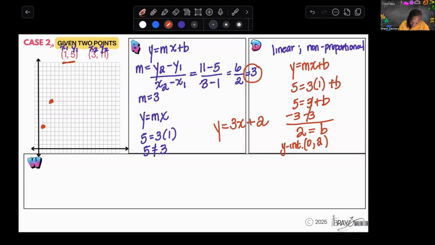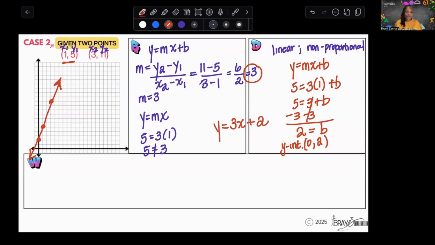And then I had 0, 2. So we see here that when we graph this, that line's going to look something like that. Okay. So it crosses the y-axis at 0, 2, making it non-proportional.